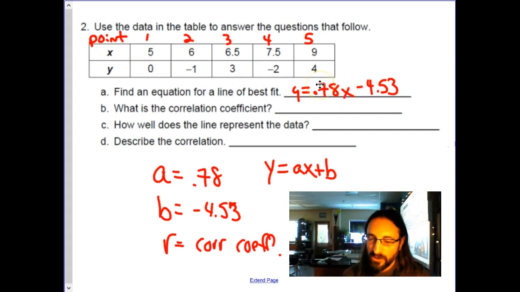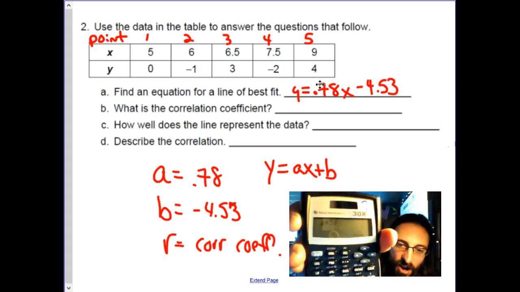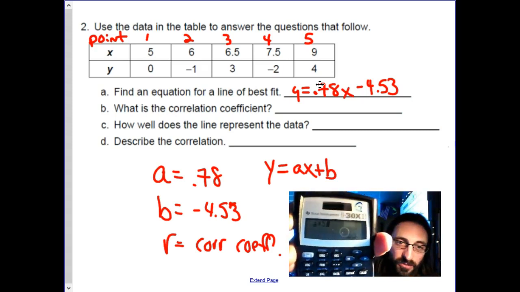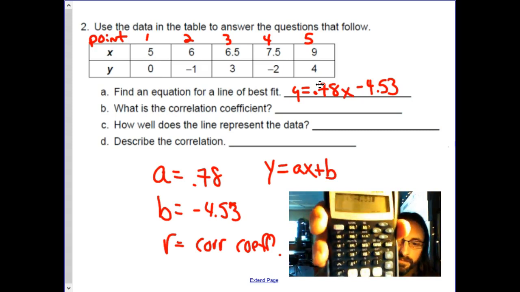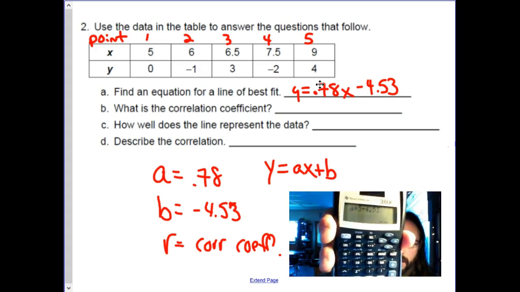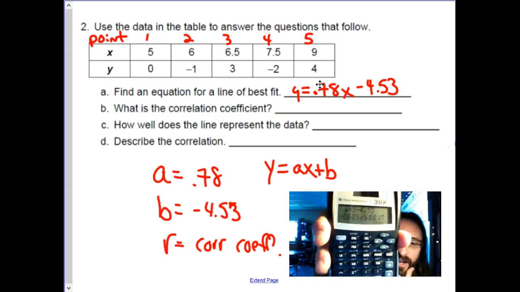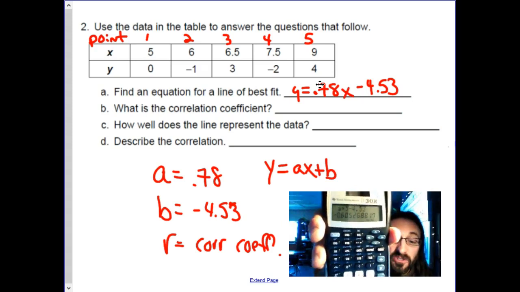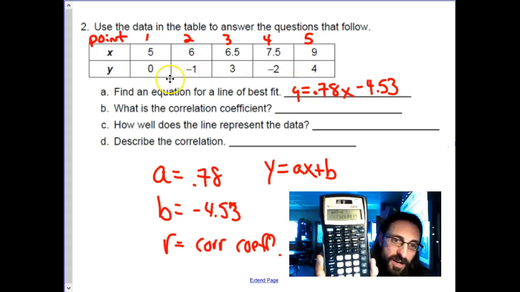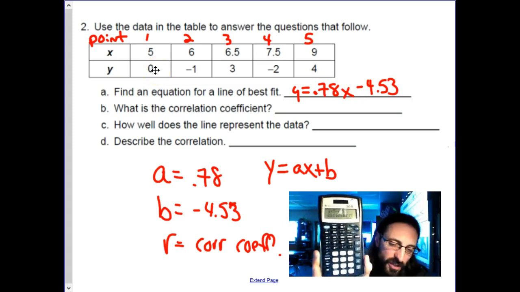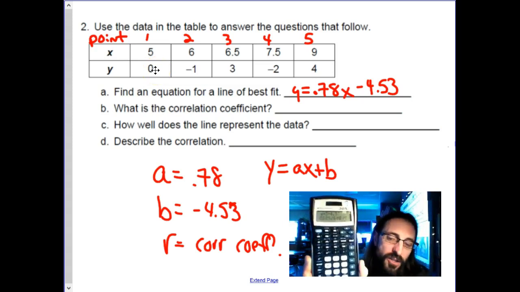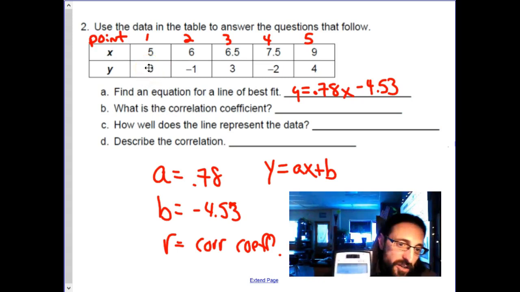So A times 5 minus 4.53. And then I hit enter. Look at that, negative 0.6. So it's not exactly 0. It's close to 0. It's a little bit too low. It's a little bit under-predicted, right? And that's how this works.